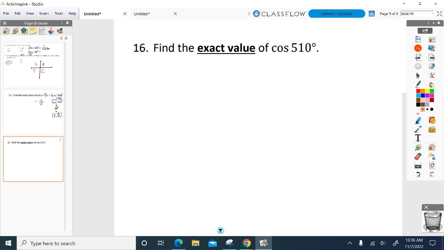Exact value, cosine 510. What do you want to do? Keep minus 360. Yep.